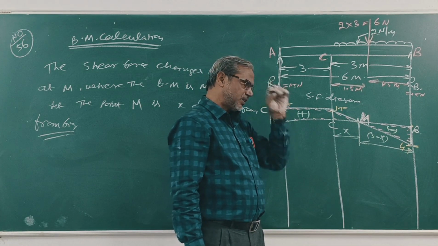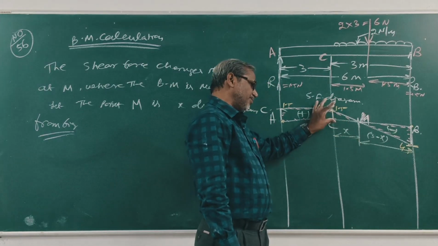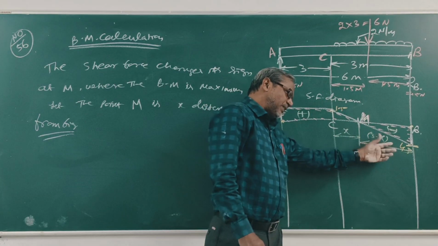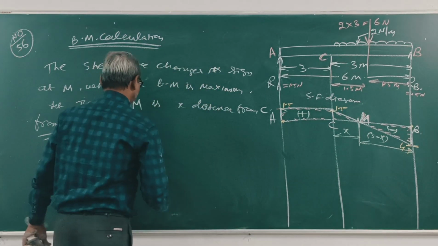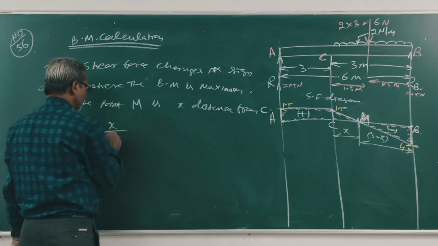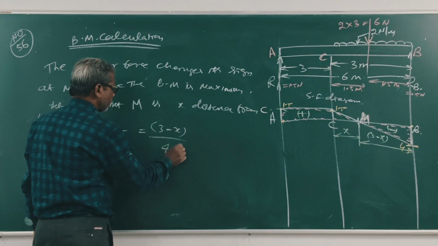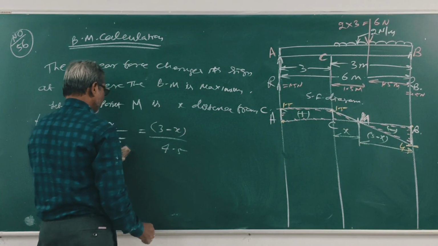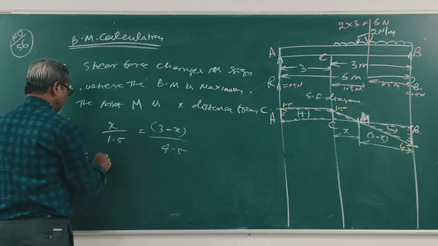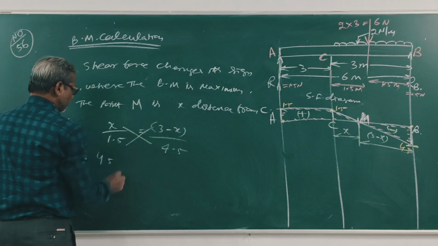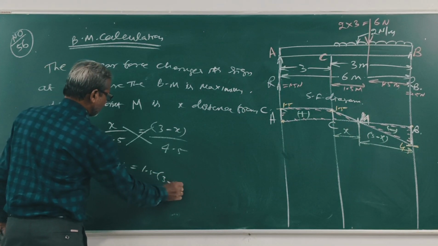From mathematics, we know x by this is equal to 3 minus x by this. Clear? So from the figure, x by 1.5 is equal to 3 minus x by 4.5. Now 4.5x, make cross multiplication, is equal to 1.5 into 3 minus x.